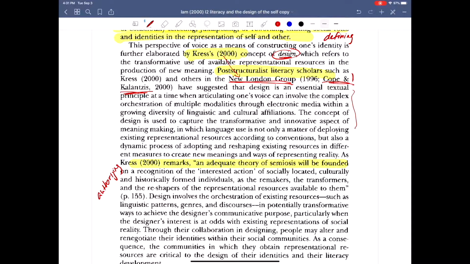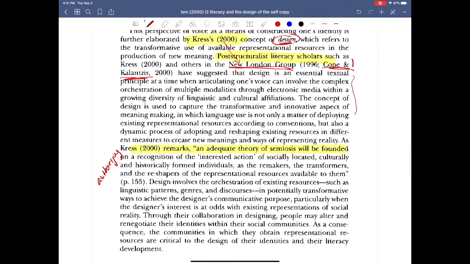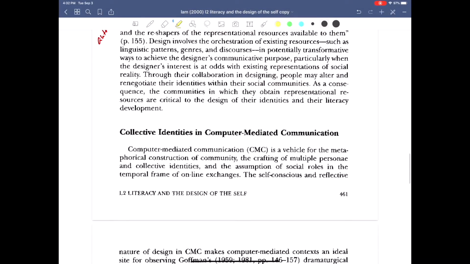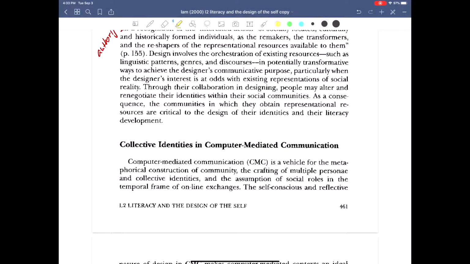She's trying to say, I'm putting my research into this particular field, and she is building it on this body of work. So she's talked about design, and now she's going to talk about computer mediated communication. This type of breaking down using subheadings is really helpful from a reader's point of view.